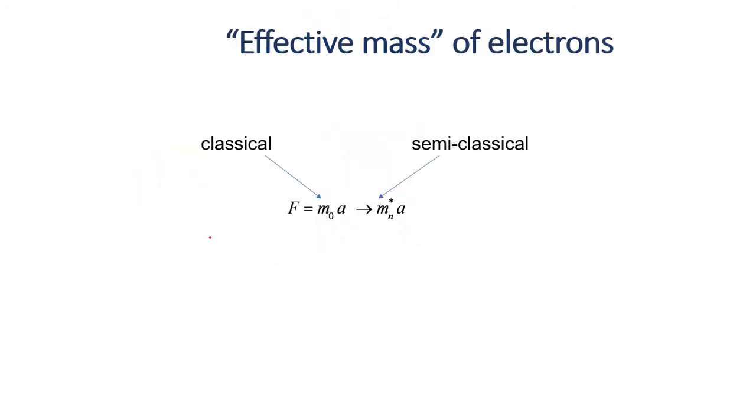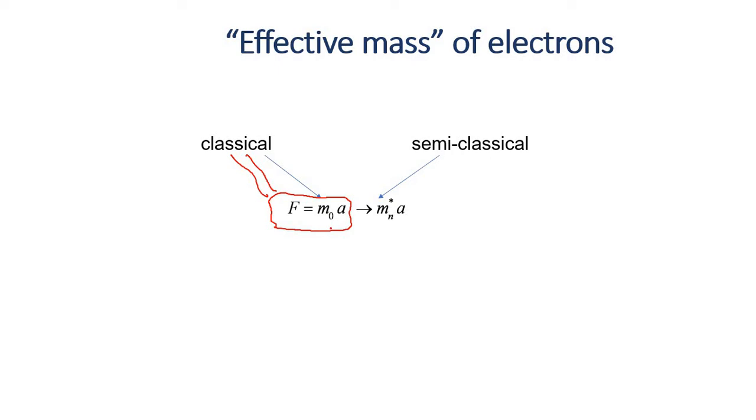I have already told you, this is a very important result. F is equal to ma can be applied only to classical particles. But this doesn't come directly, because scientists did not simply say you replace m naught with m star.